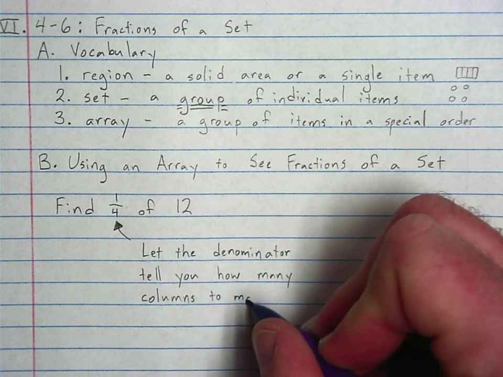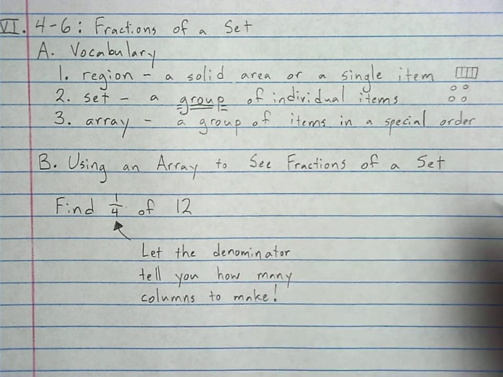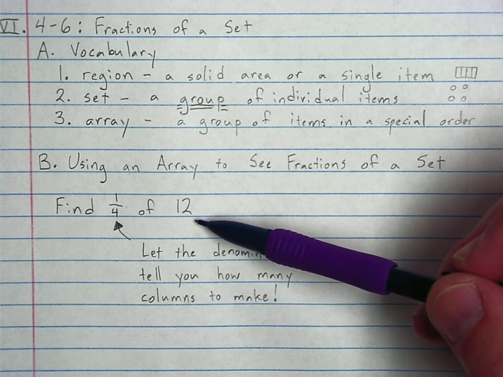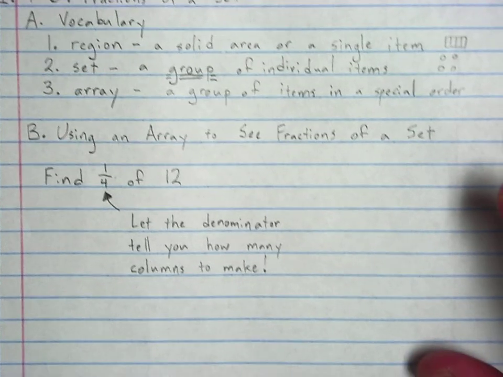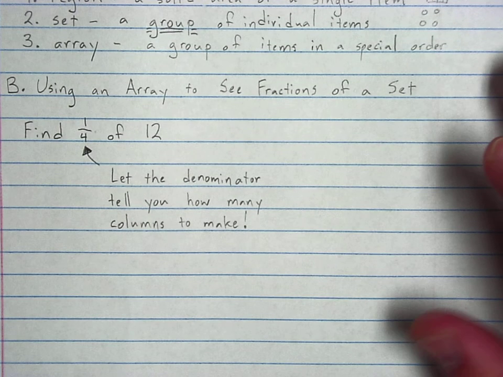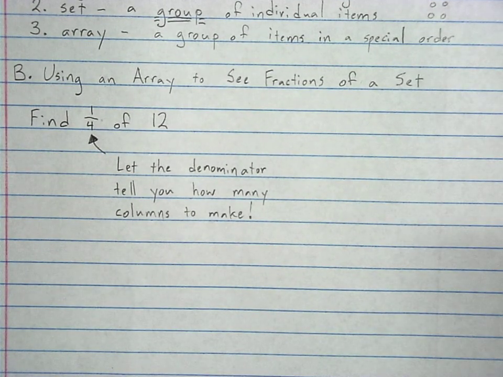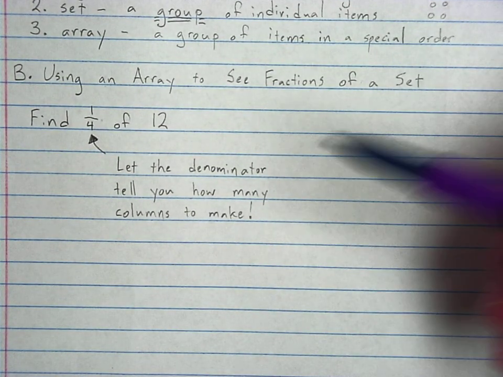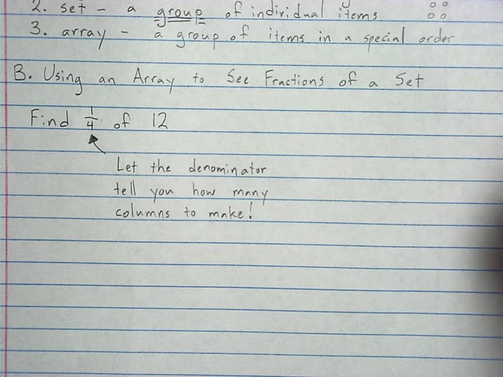Now, what does that mean? Well, if I have 12 items, I want to build an array that's going to show me what 1/4 of 12 would be. So I am going to make 4 columns.